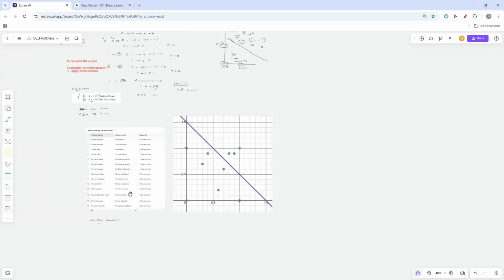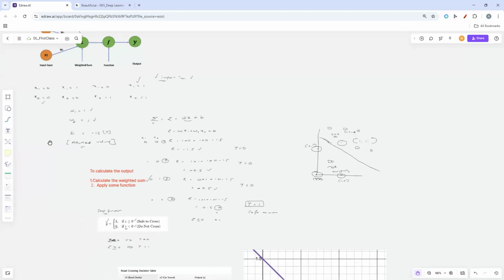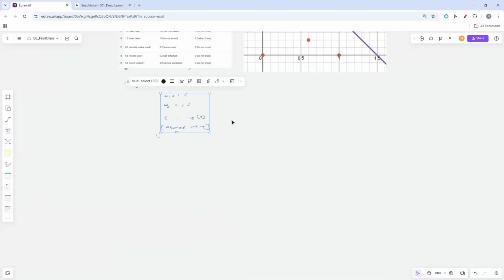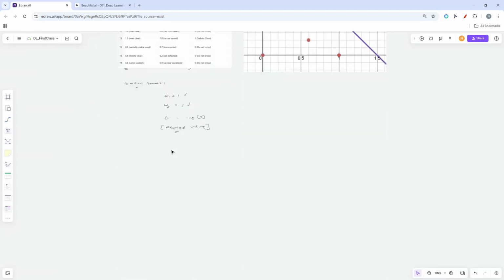And I know there are some gaps in your understanding. The first question which was asked is that, just because I have assumed these values, I got these values, right? I got the output or weighted sum like that.